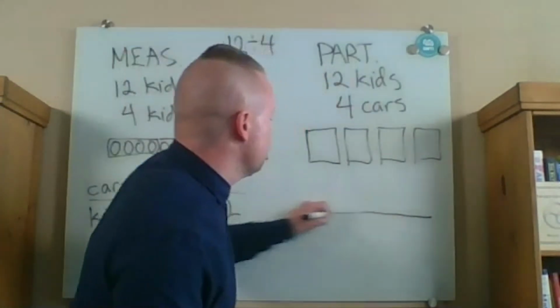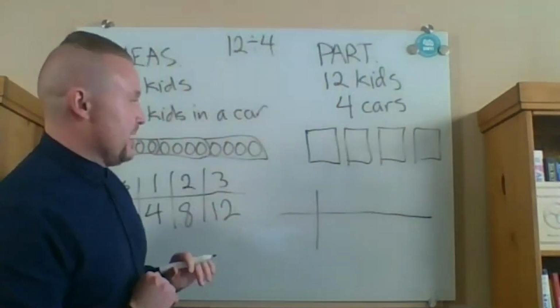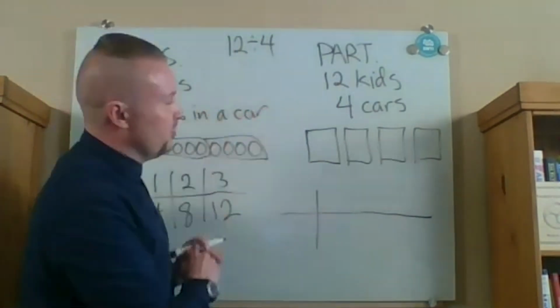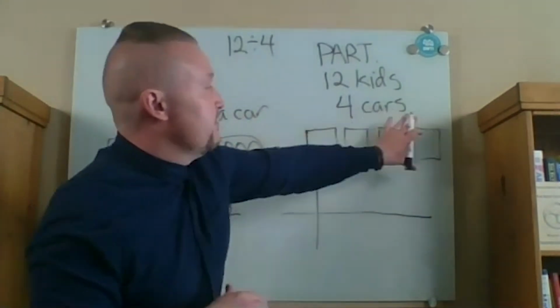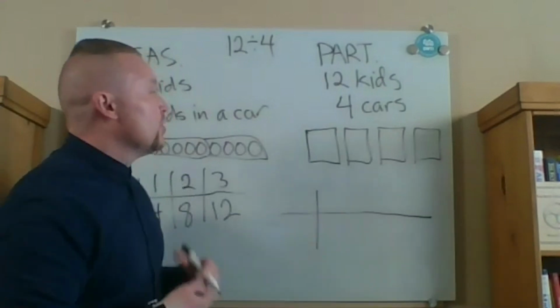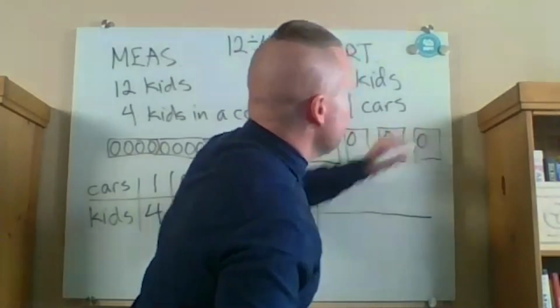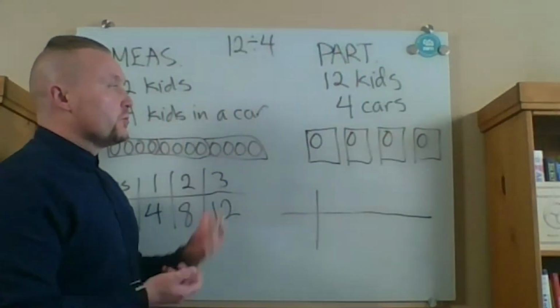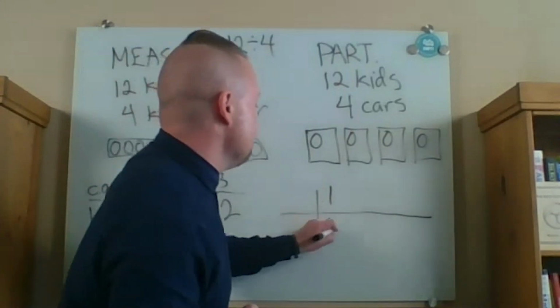So I'm going to actually start the table, but I'm not going to put the labels in just yet, because that will help clarify how partitive is different than measurement. So a young student would typically have the 4 cars out, and then just like dealing out cards in a game, we would just deal out kids to each car. So now I'm going to put some numbers in the table, but I want you to be thinking about what these numbers might mean.